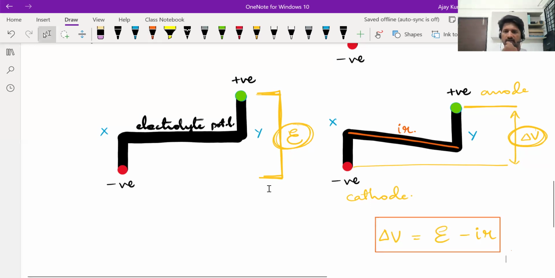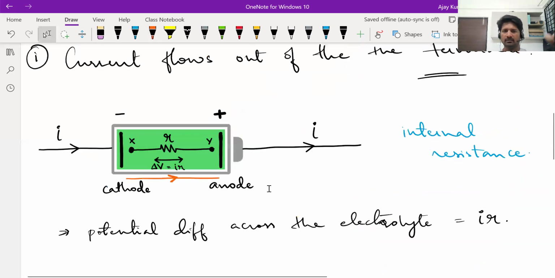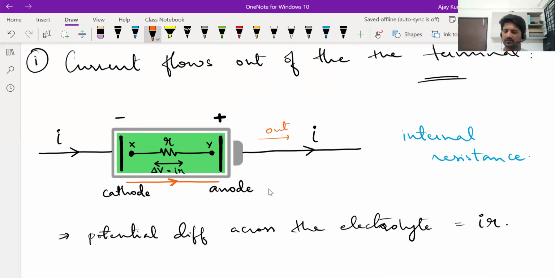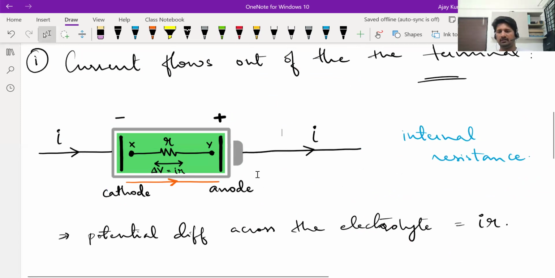We took the case of current flowing out of the positive terminal, meaning outside the battery, it goes out of the positive terminal. So we call it normal flow of current through the battery. For normal flow of current, this is what happens.